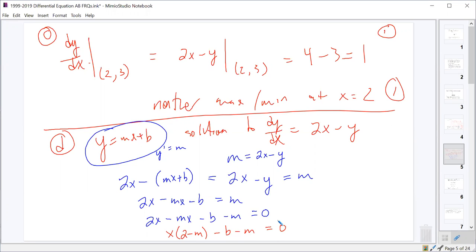And so how many x's are on the left-hand side over here? One. Nope. How many x's do I have? 2 minus m. I have 2 minus m x's. How many x's do I have on the right-hand side? 0. Don't the number of x's on the left-hand side need to equal the number of x's on the right-hand side?